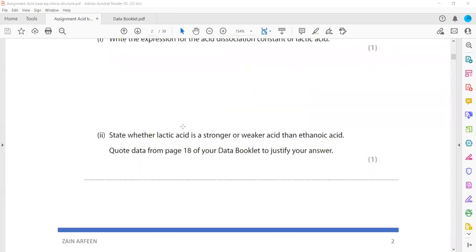So you will mention here that lactic acid is stronger because it has a higher value of Ka.